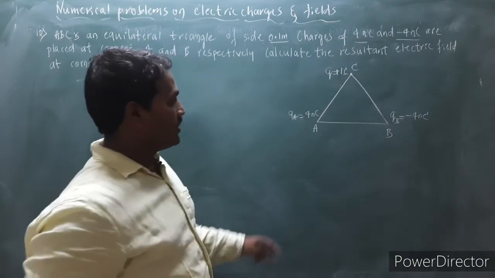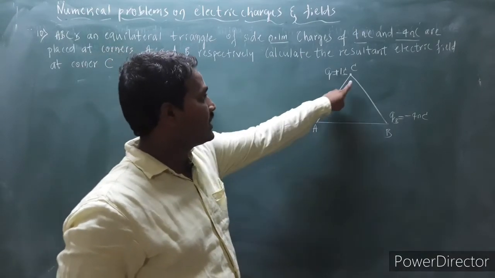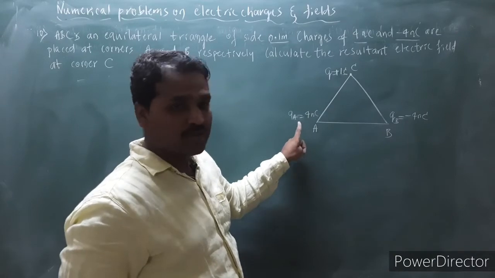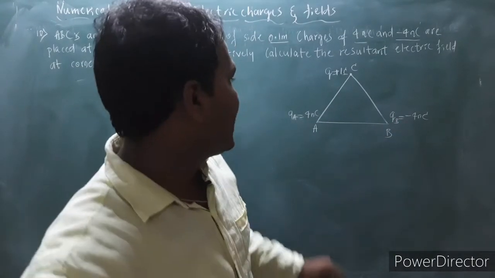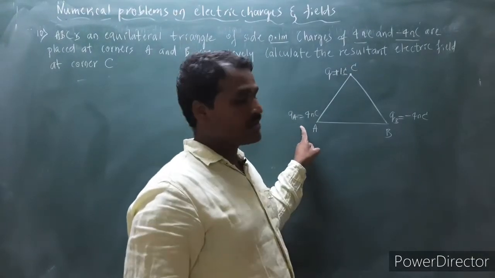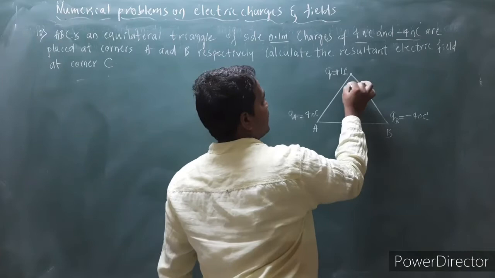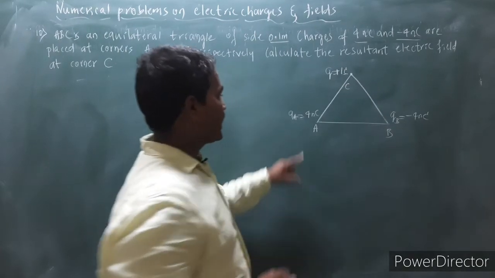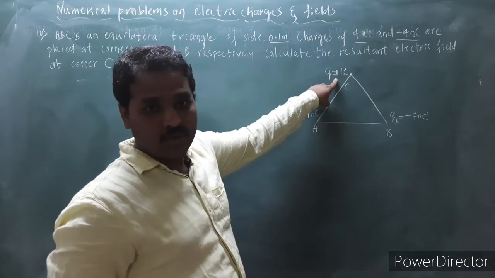Then let us mark the directions of the electric field at point C because of these two source charges QA and QB. Here I will consider QA as the source charge and Q as a test charge. This is corner C. Look at this charge QA, this is positively charged and the test charge is always positive.